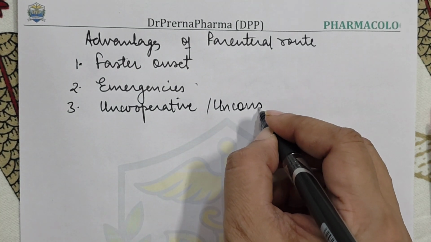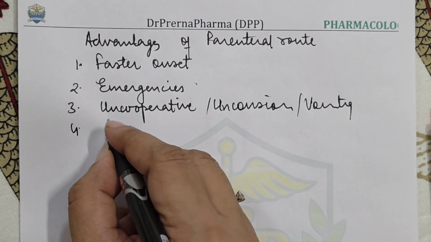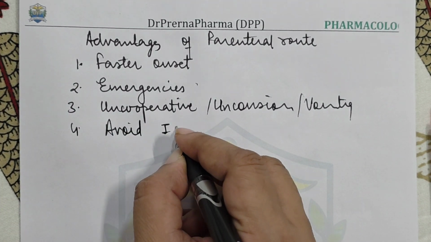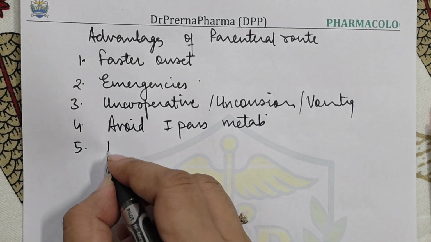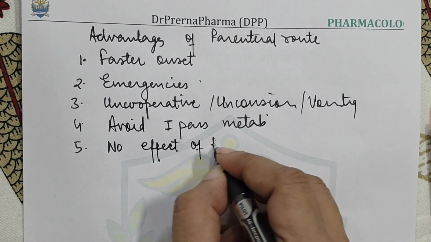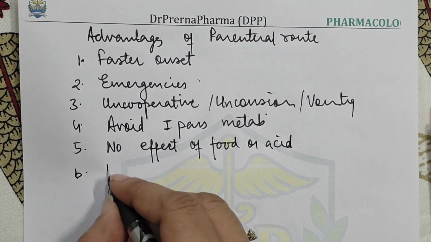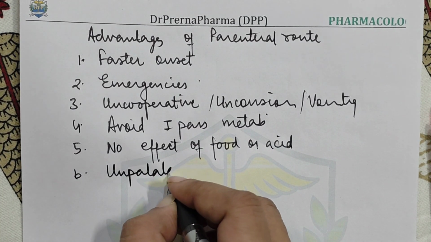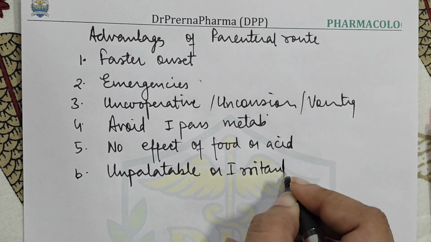Then you avoid first pass metabolism. Then there is no effect of food or the acid in the stomach. Then we can give unpalatable or irritant drugs also by this route, right?